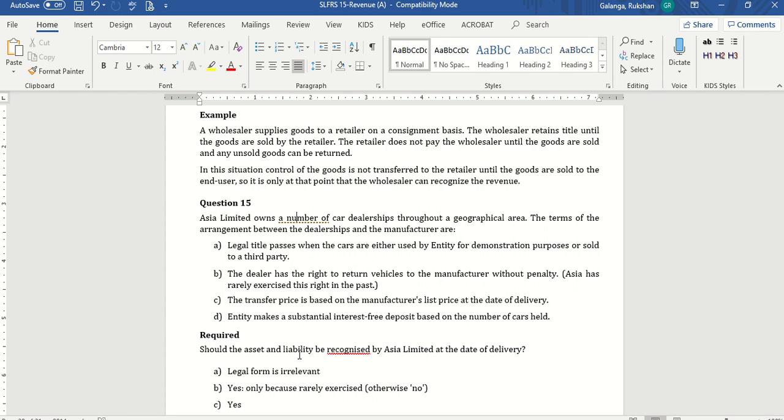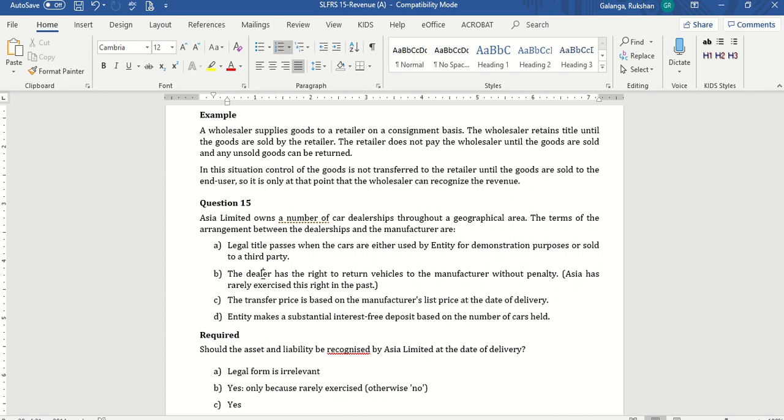Right? That is the only place where the legal title goes. So from the consignment goods point of view, it doesn't say anything about the legal title, right? So the control should pass. Second one, the dealer has the right to return the vehicle to the manufacturer without any penalty.